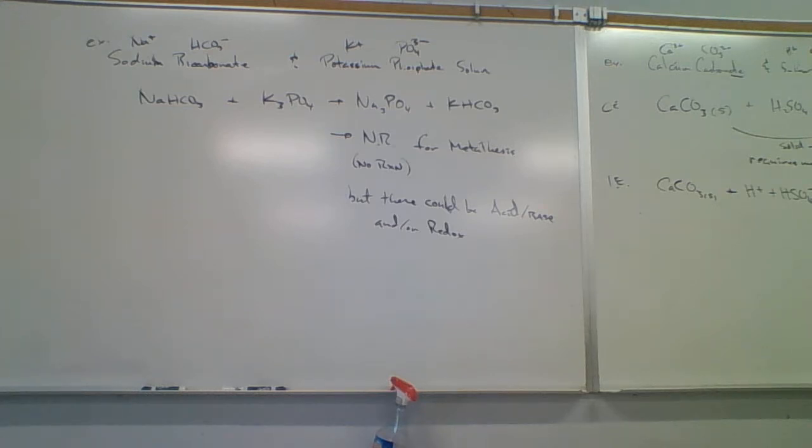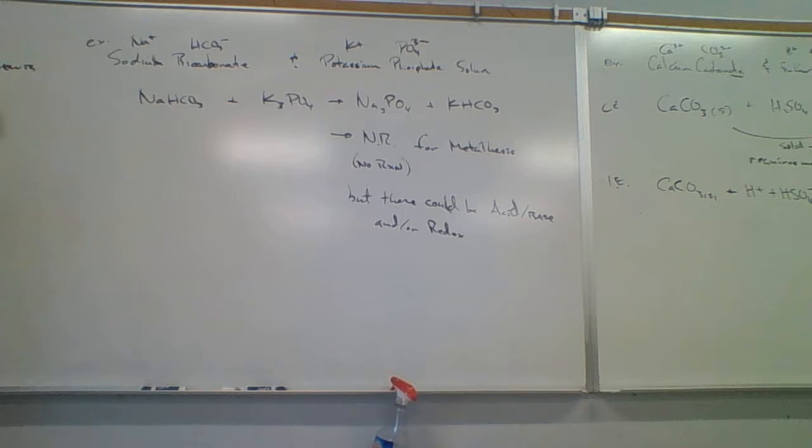One is Bronsted, or Bronsted-Lowry. The acid is an H plus donor. The base is an H plus acceptor. That's Bronsted-Lowry. And then two, we look for Lewis.